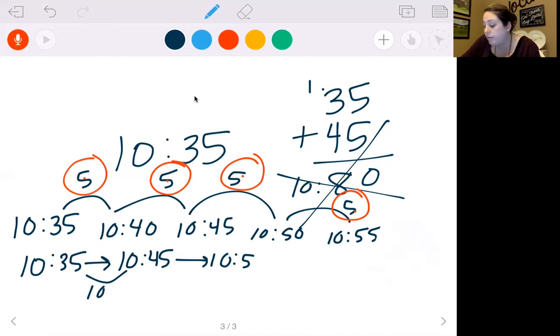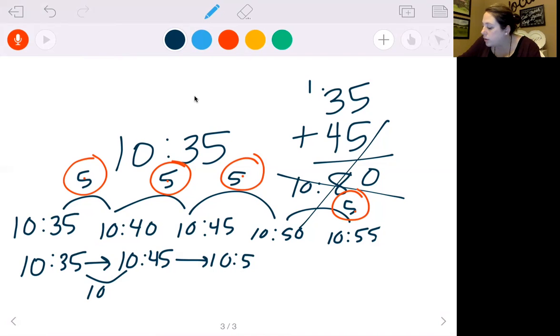Now 10:55 to 11 is 5 minutes. 11 to 11:10 is 10 minutes. So now we have 10, 20, 30, 35.